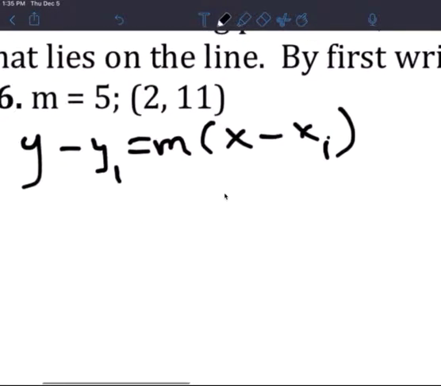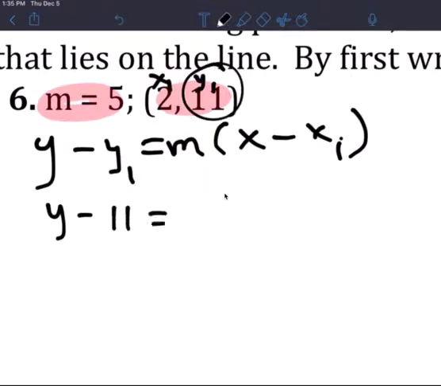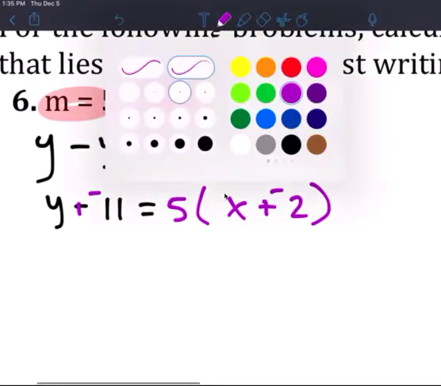Anytime you have a point and a slope, point slope. Y minus y sub 1 is this 11, m is 5, x minus x sub 1, which is 2. After you do that, additive inverse, and then distribute.